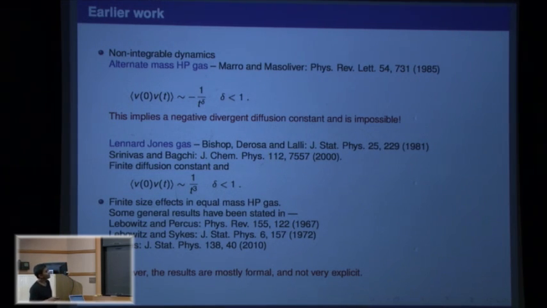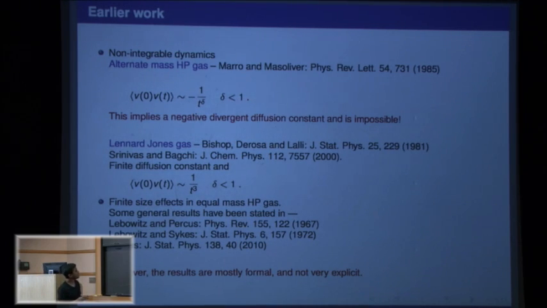In this model, the question of tagged particle diffusion was studied in 1985, and what they found is that instead of the minus 1 by t cubed that you find for the equal mass case, the velocity autocorrelation function goes as minus 1 by t to the power delta, with delta less than 1. This is a numerical simulation result.